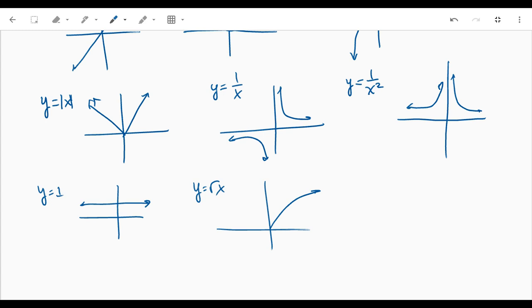Next one. We have translating the graph of a parabola, 2 steps.